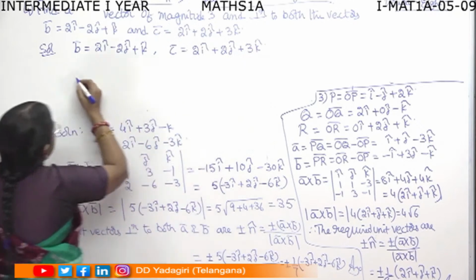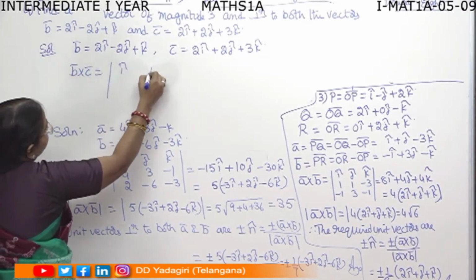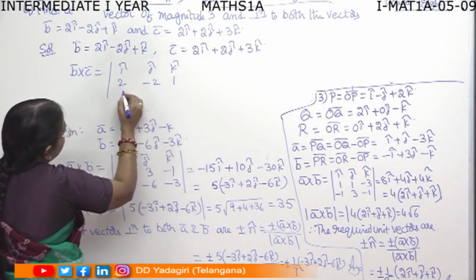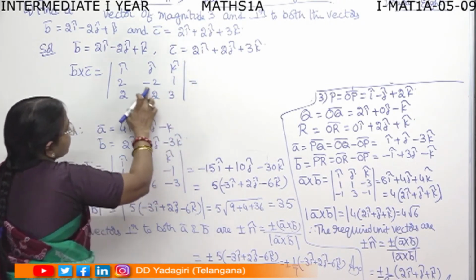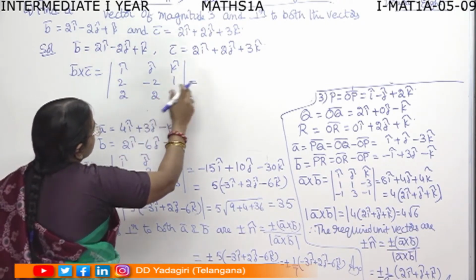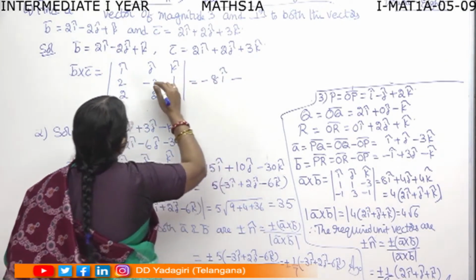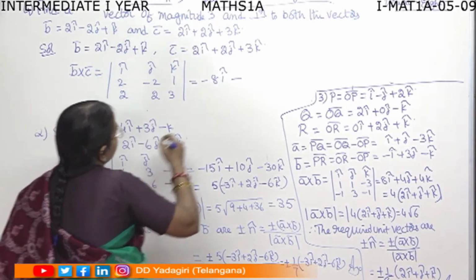So find b cross c. B cross c is equal to the determinant of i, j, k, then 2, minus 2, 1, and then 2, 2, 3. Find the determinant. So it is minus 6, minus 2, minus 8, so minus 8i. Minus j into, this is 4 plus 4, 8.